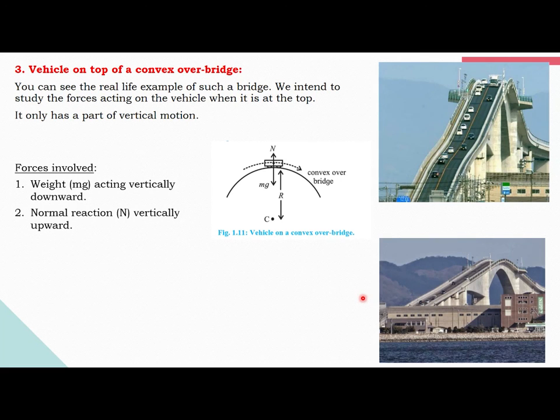Number 1, weight, which is acting vertically downward, and number 2, normal reaction, vertically upward. The resultant of these two forces must provide centripetal force. Centripetal force acts vertically downward when the vehicle is at the uppermost position.